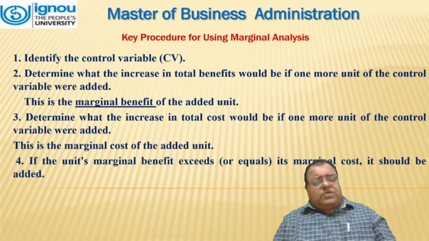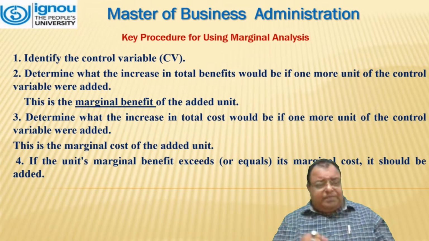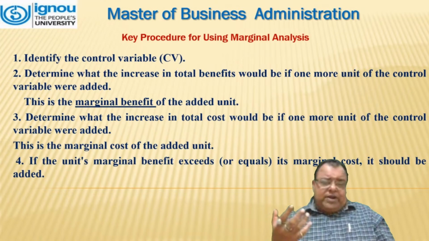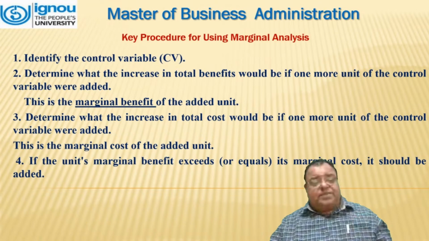What are the key procedures for using marginal analysis? First of all, we have to identify the control variable. Then we have to determine what the increase in total benefit would be if 1 more unit of the control variable were added. This is the marginal benefit of the added unit.